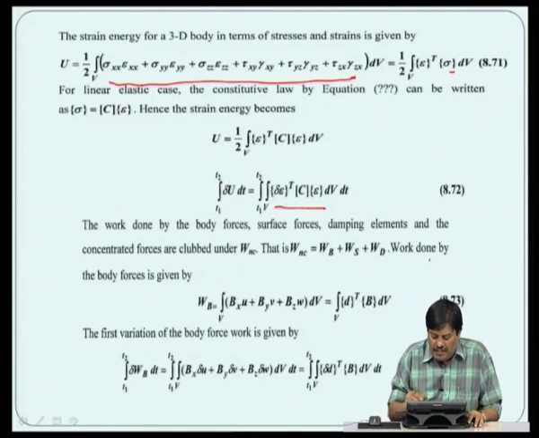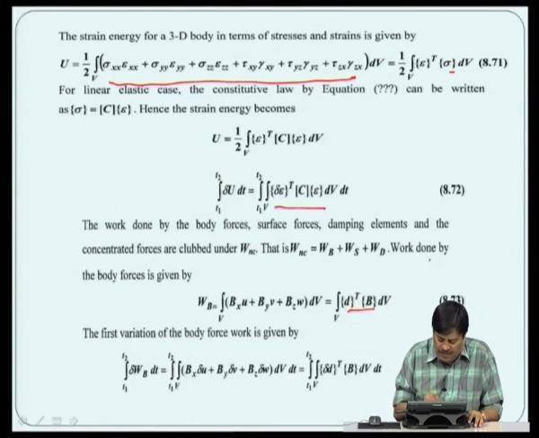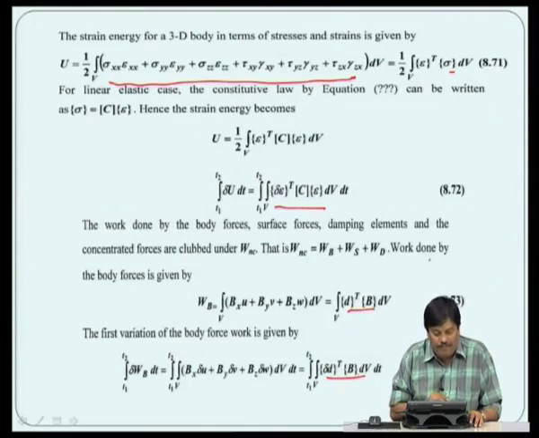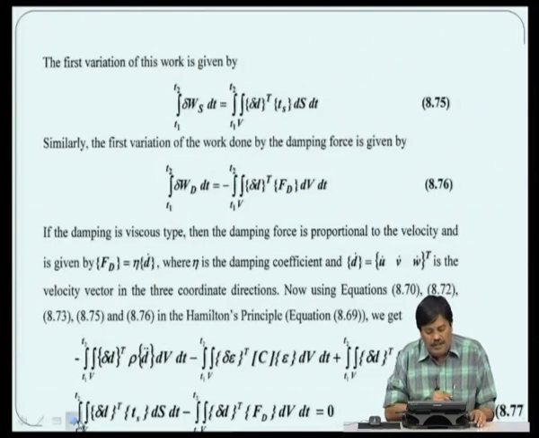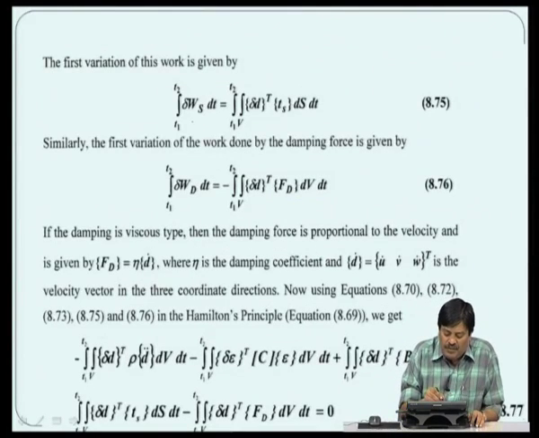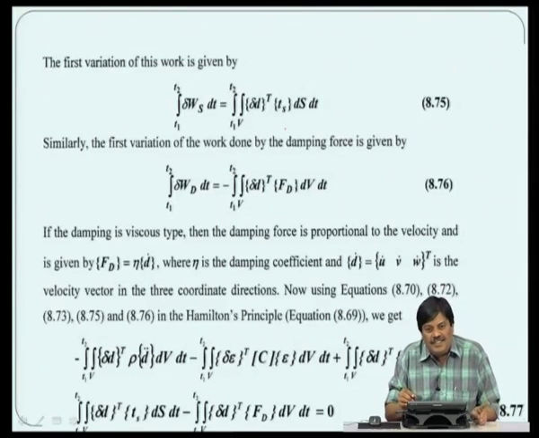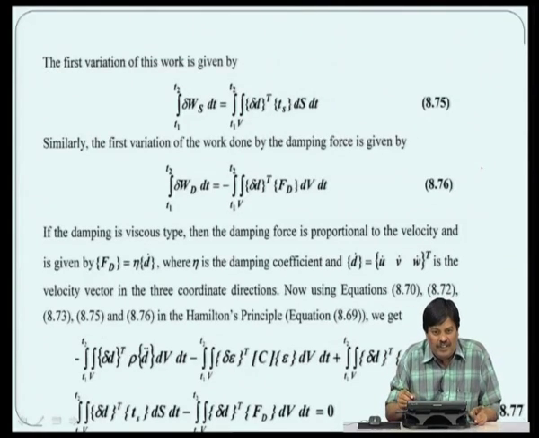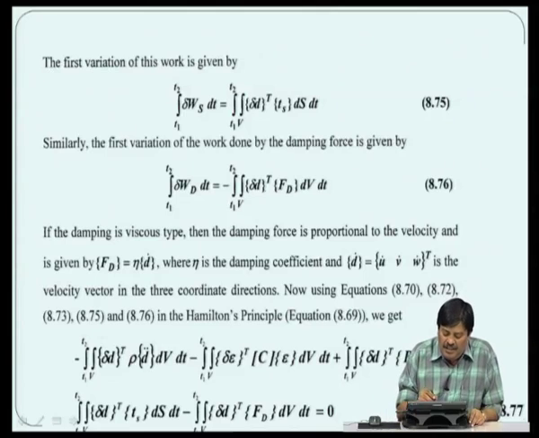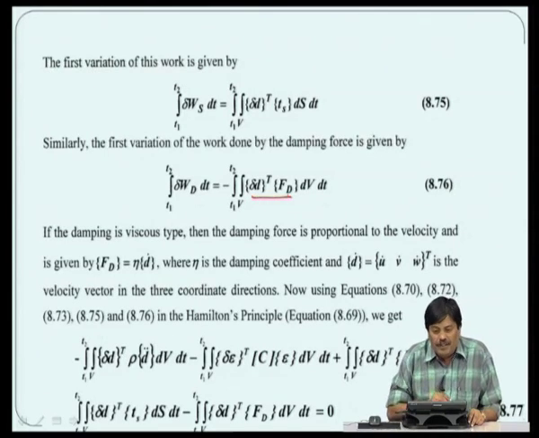So, this can be written in the matrix form, and taking a variation of that, we get this in this form. Similarly, we can write the surface forces in this form, where Ts is the surface vector acting in the 3 coordinate directions, and similarly we can write the damping in this form.